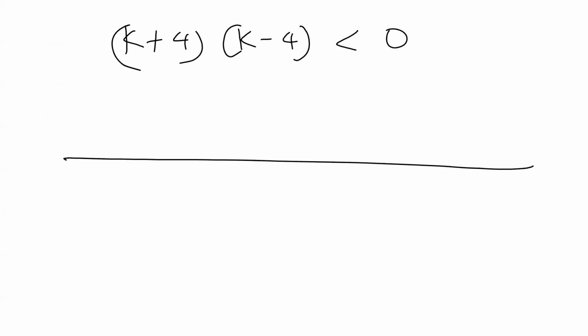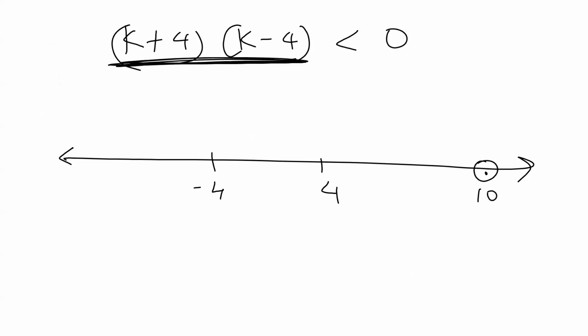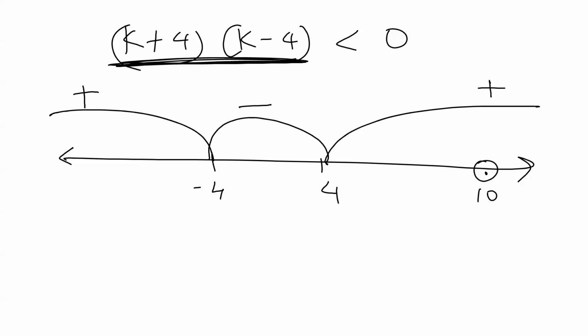Now these things you already know. Critical values. Put k equal to 10. If I put k equal to 10, the expression is going to be positive. Then negative. Then positive. But this time, unlike the previous problem, it is less than 0.